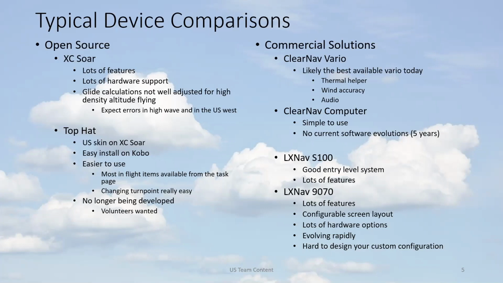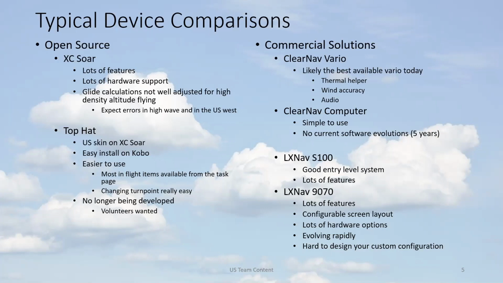I spent some time talking to Dave Nadler about that, and he was flying with Top Hat also, and he said almost certainly they've got some errors, or they haven't implemented density altitude, probably because most of the people doing the software development for that are in the lowlands of Europe.